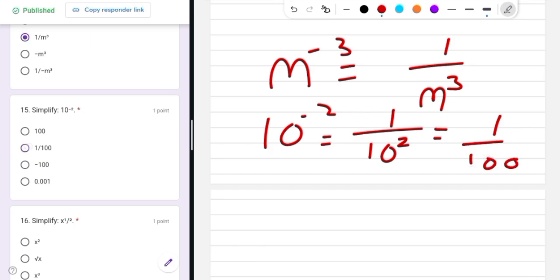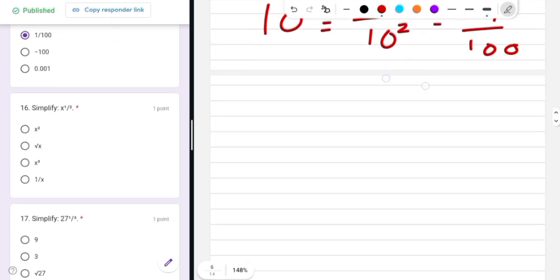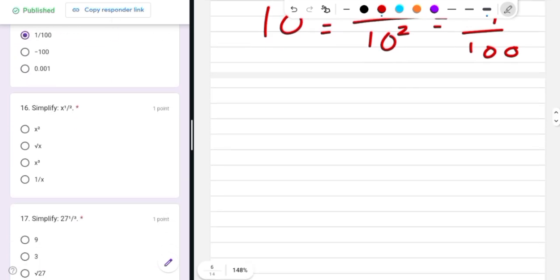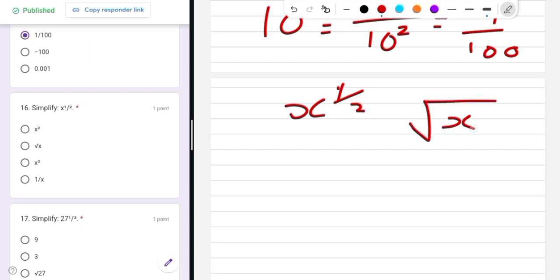Fractional index. X raised to the power 1 over 2 means what smaller number can multiply itself twice to give you x. If it is raised to the power 1 over 3, that means what smaller number can multiply itself 3 times to give you x. So x raised to the power 1 over 2 is the square root of x.